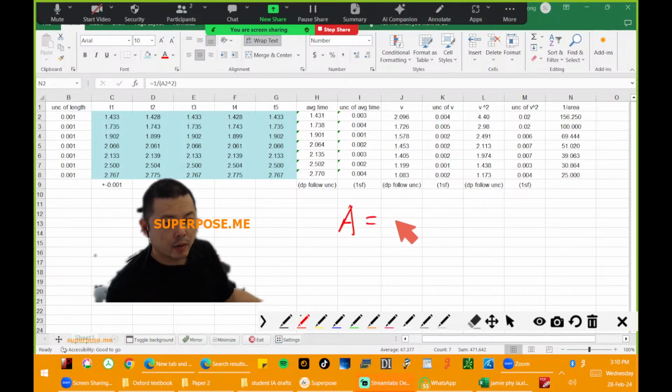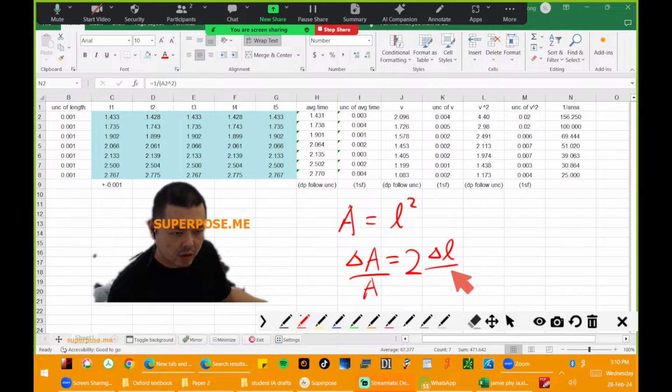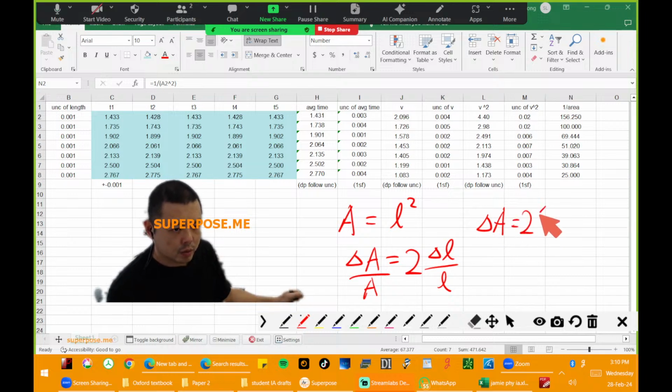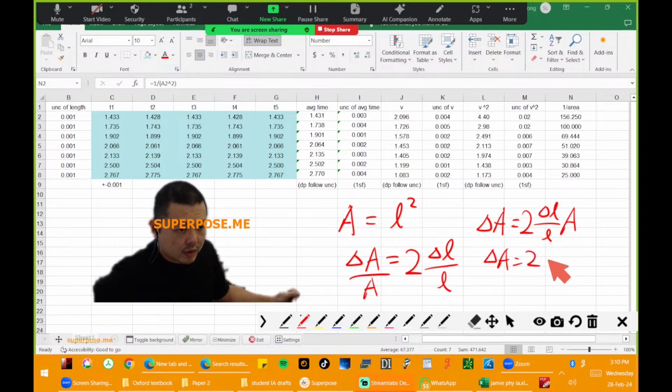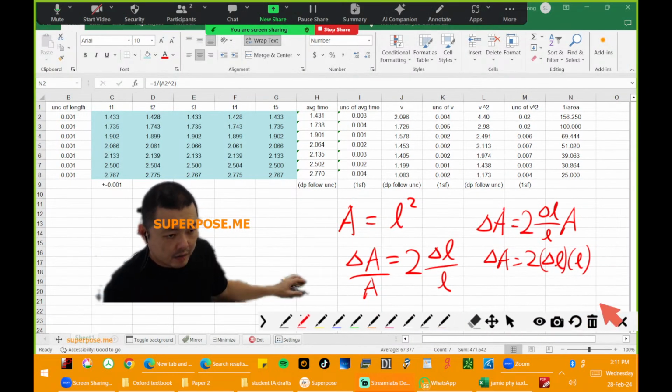Area equals L squared. So del area over area is equal to 2 times del L over L. So del area is 2 times del L over L times area, and therefore it simplifies to 2 times del L times L, because area is L squared. So this is your uncertainty for the area.